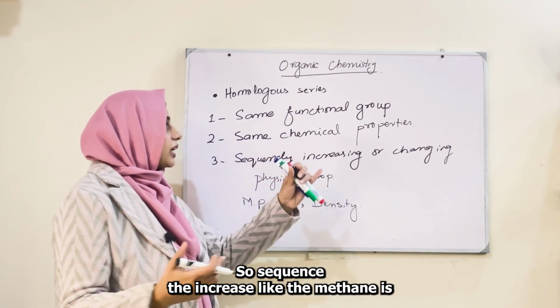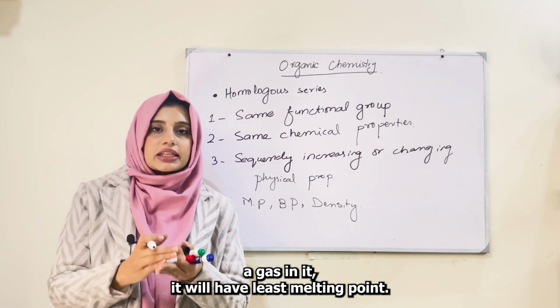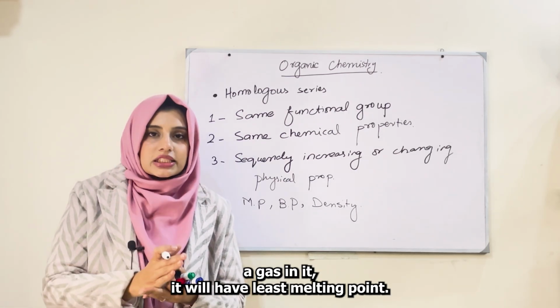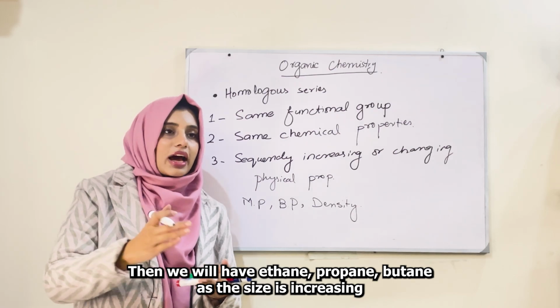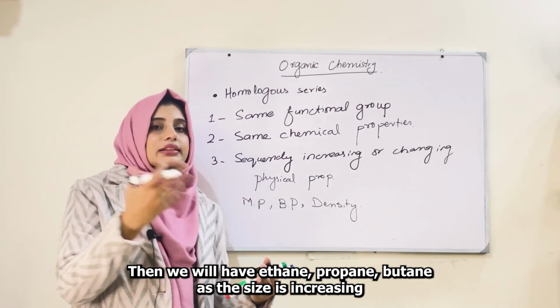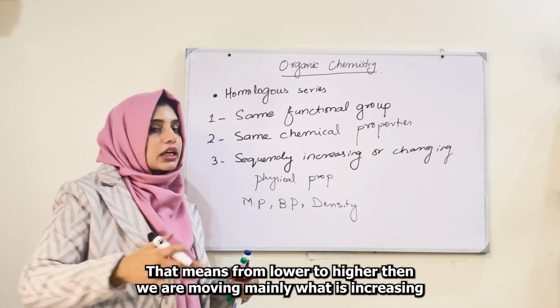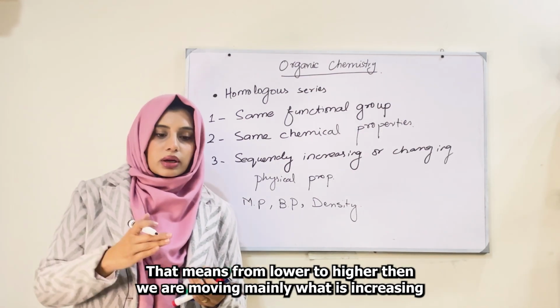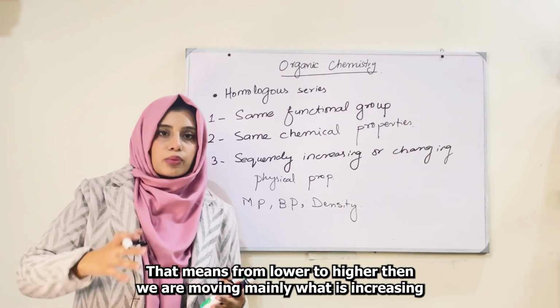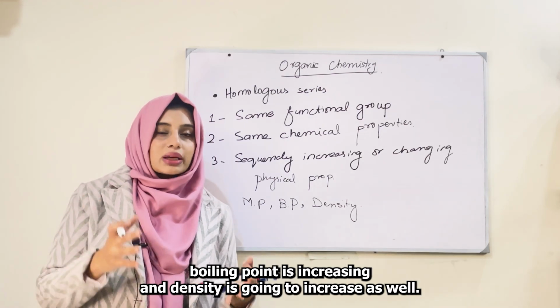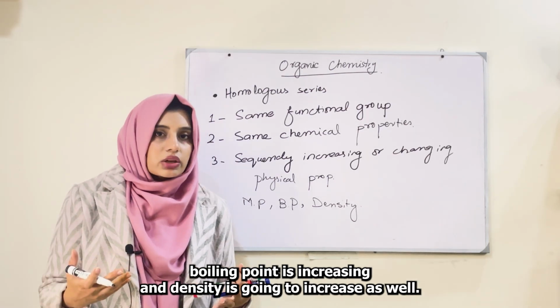Sequentially increasing, like methane is a gas and it will have the least melting point. Then we will have ethane, propane, butane. As the size of the compounds is increasing, the melting point is increasing. That means from lower to higher, when we are moving, melting point is increasing, boiling point is increasing, and density is going to increase as well.